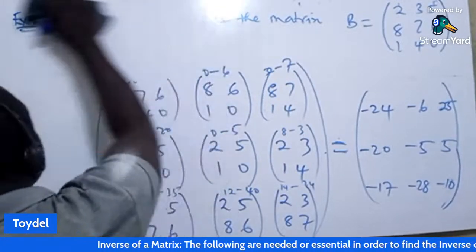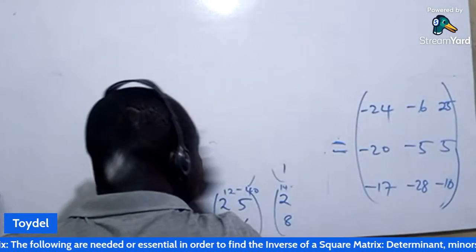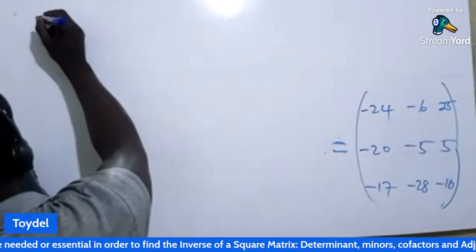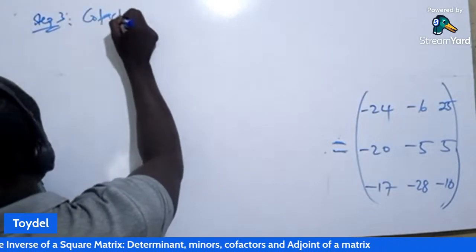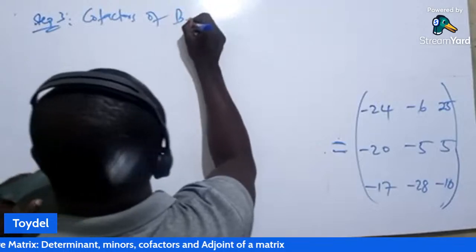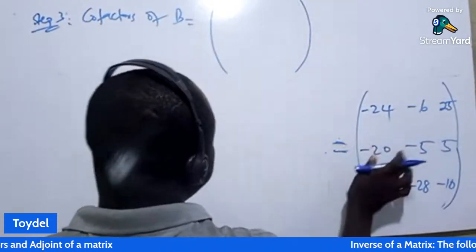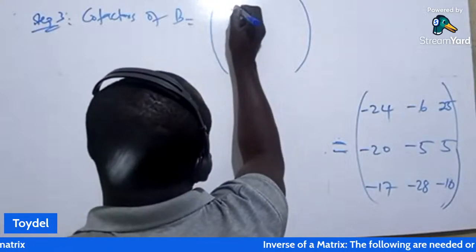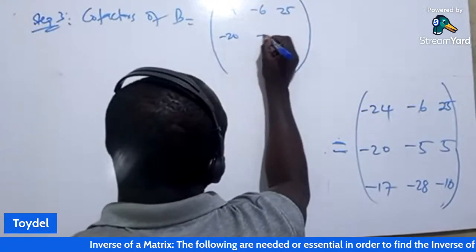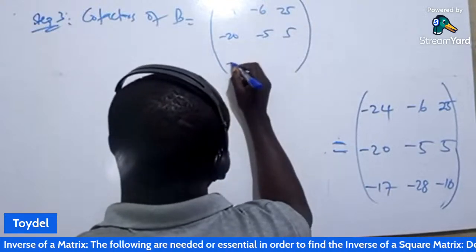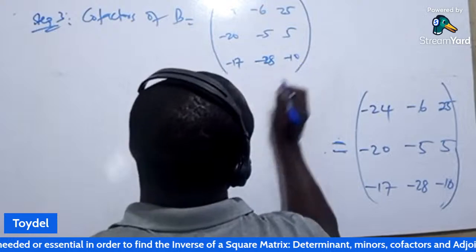So we move to the third step. And the third step is to find the cofactors of B. Step 3. We want to find the cofactors of B. So cofactor of B simply means the minors of B, minus 24, minus 6, 25, minus 20, minus 5, 5, minus 17, minus 28, minus 10.